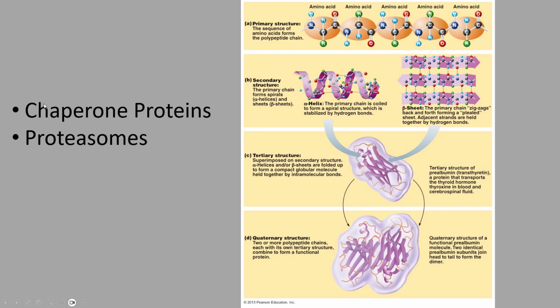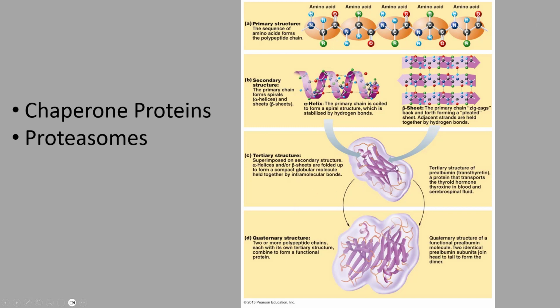Well, we have certain proteins called chaperone proteins, and it is their job to make sure that that amino acid chain, as it's growing, folds up the way that it's supposed to, because it could fold incorrectly. Chaperone proteins make sure that the growing chain of amino acids folds up correctly into the protein.